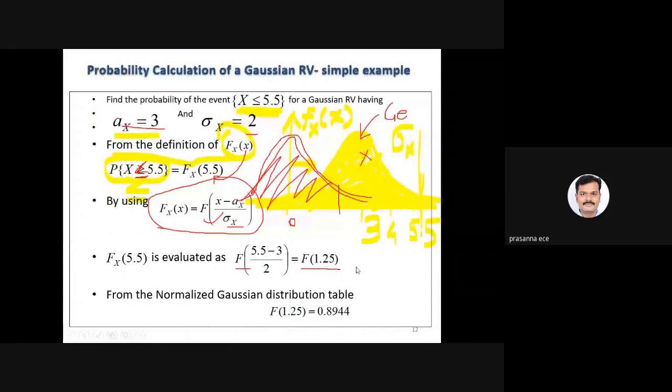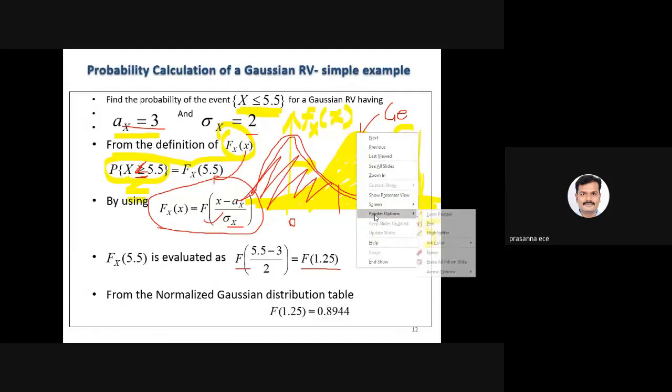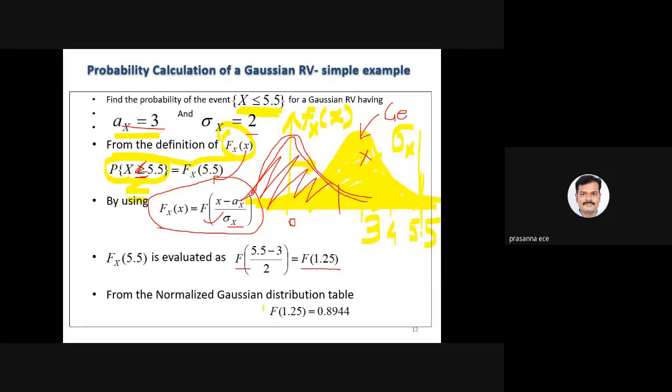What we obtain is 0.8944, which represents the probability that the random variable x takes a value less than 5.5. This is our final answer for the probability of this event.